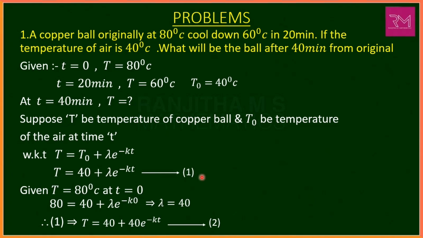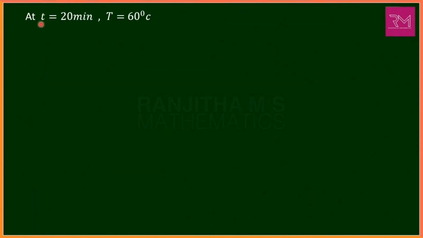Next, we take this value, that is at time 20 minutes T is 60 degrees Celsius. That is, at time 20 minutes the temperature of the ball reduces to 60 degrees Celsius. Hence equation 2 reduces to, in the place of capital T we substitute 60, which is equal to 40 plus 40 into exponential power minus K into 20, where small t is 20.